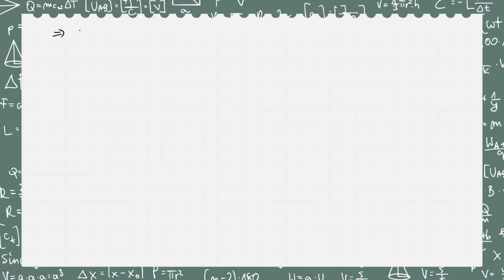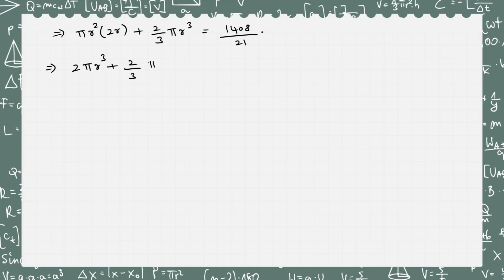That implies pi r square into h, which is 2r, remember, plus 2 by 3 pi r cube is the same as it is, equal to 1408 divided by 21. So that implies pi r square into 2r will be 2 pi r cube plus 2 by 3 pi r cube equal to 1408 by 21.